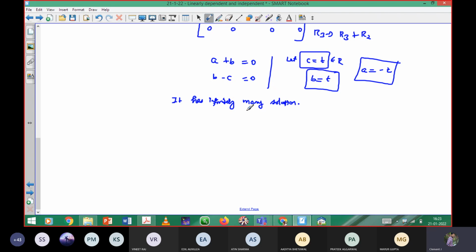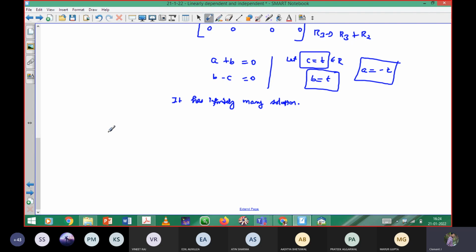I hope you can remember the sentence which we followed in model 1. Because we are having two equations with three unknowns, if the number of unknowns is more than the given linear equations, then you can definitely conclude that the system is consistent and it has infinitely many solutions.